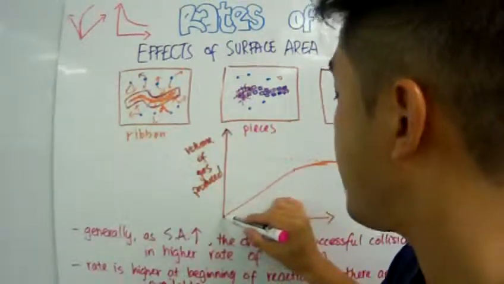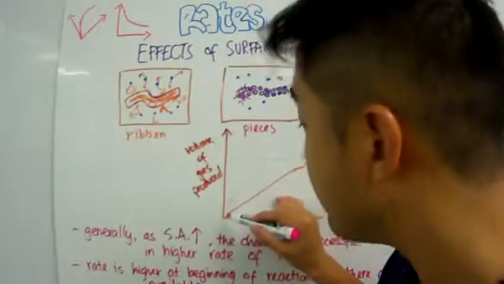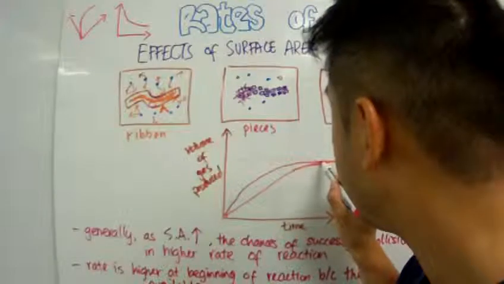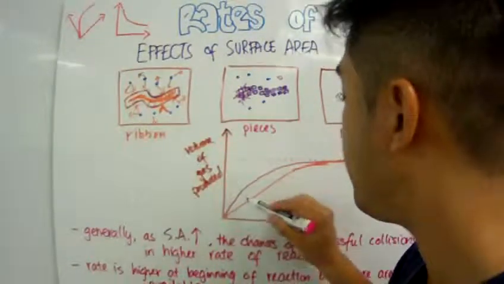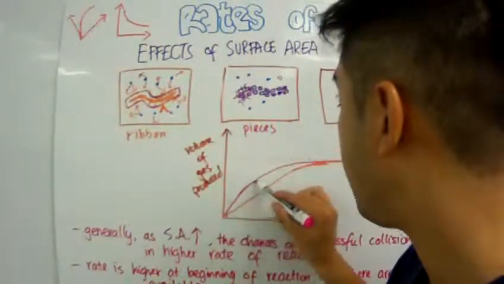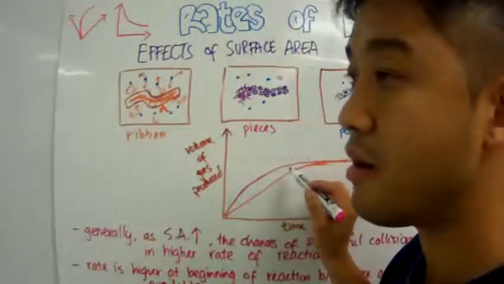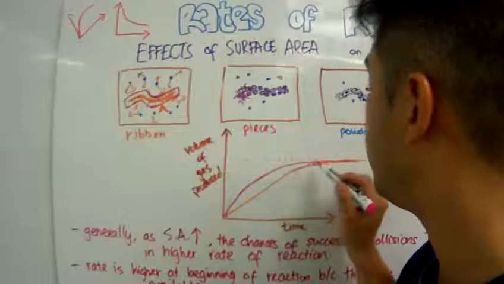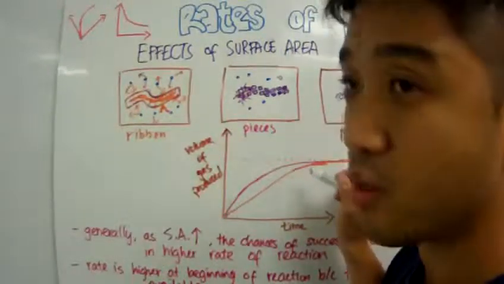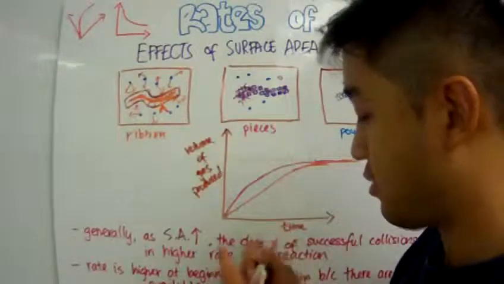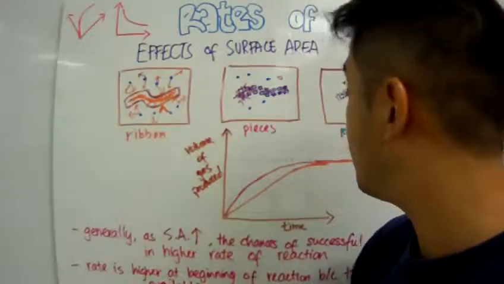All right, so the rate of reaction should be much higher than the magnesium ribbon, and it will plateau out once the magnesium pieces have all reacted with the dilute acid and hydrogen gas is produced. So there you go, that's your other situation.